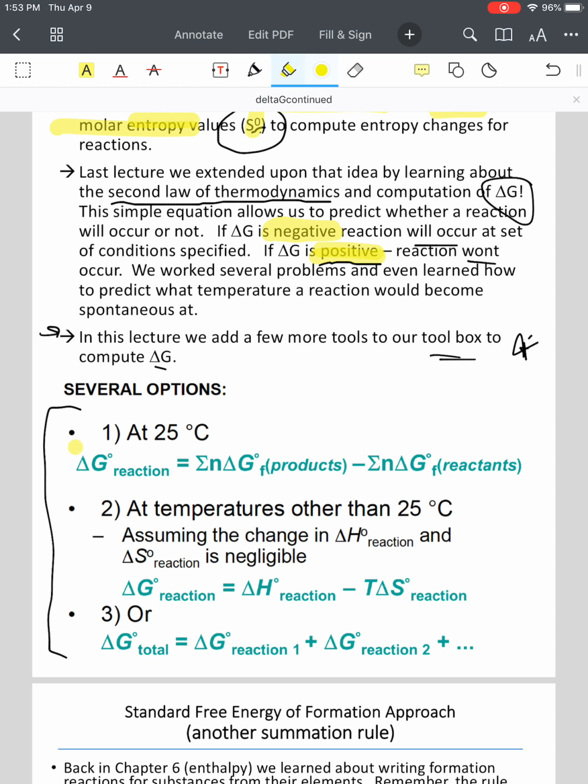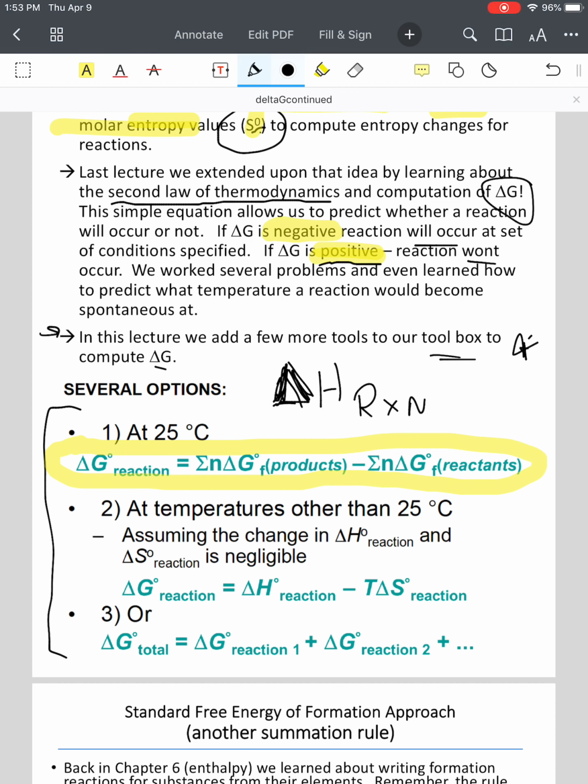One option is we're going to use this rule right here that I'm going to call the summation rule. This summation rule, you've actually seen approaches like this before. Back in General Chemistry 1, you computed the enthalpy change of a reaction. This is a triangle, okay?